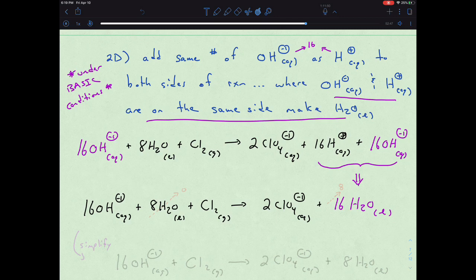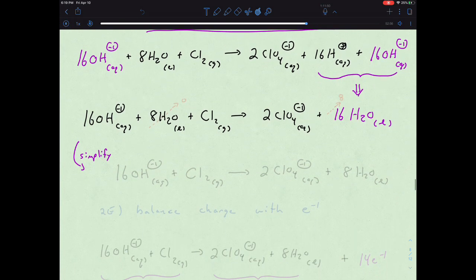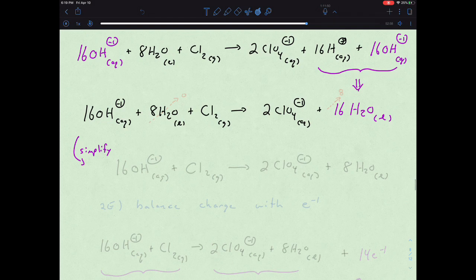And so we can simplify this just a little bit. To produce this now for our half reaction here for oxidation thus far, meaning that our 8 waters on the starting material side are going to disappear.